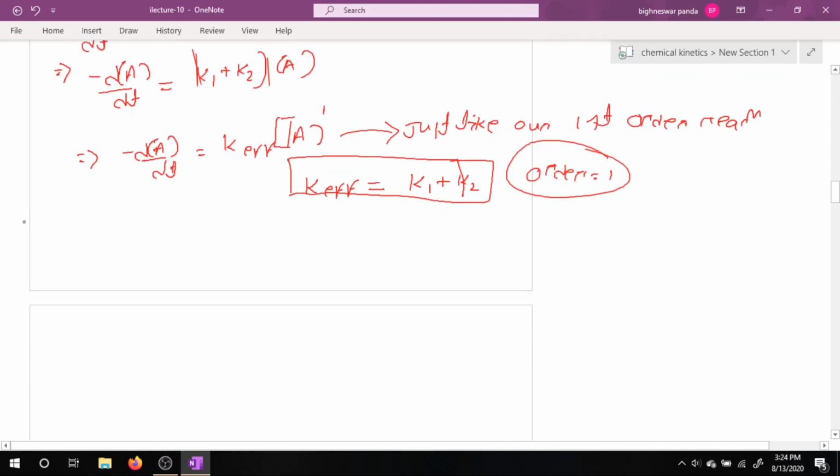Now we have to calculate the effective half-life.